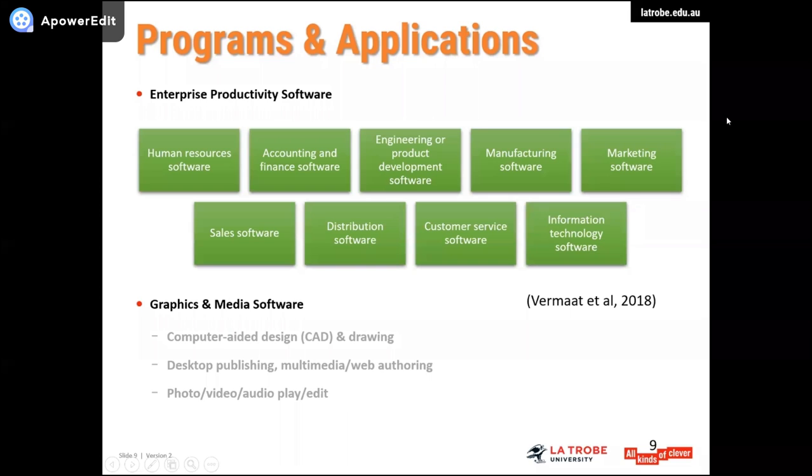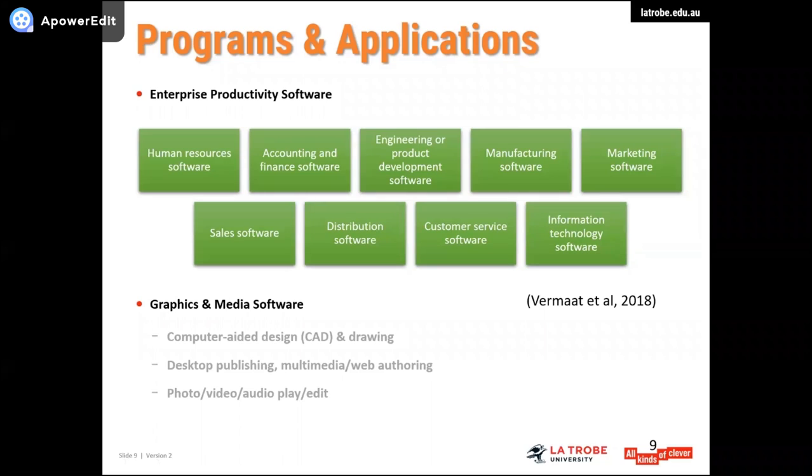Even within productivity software, we can further divide into personal productivity software and enterprise productivity software. Personal productivity software, just like we mentioned, is more to make our personal tasks more efficient, like documentation, spreadsheets, data processing, or even finance, like the calendar.